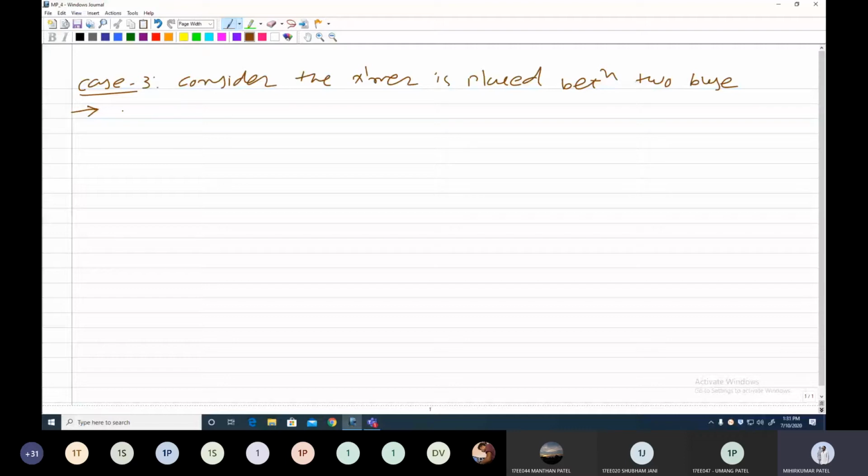In this case, again, it is divided into two types.